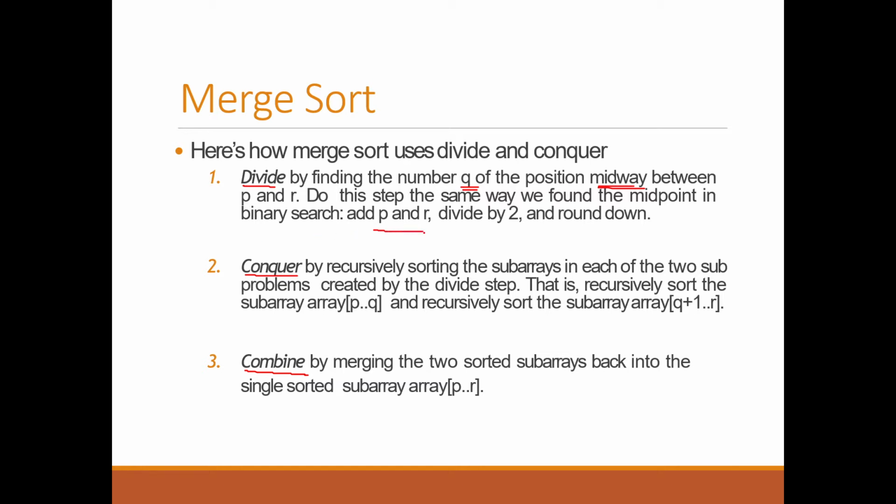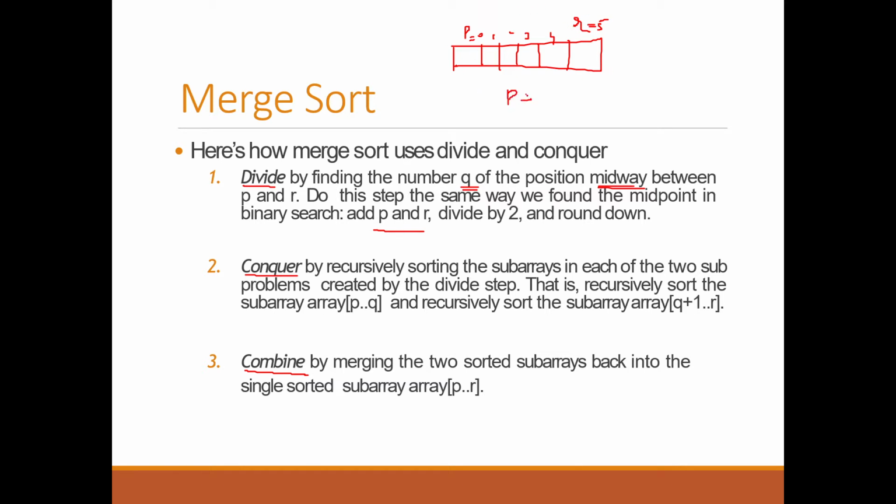So what is done, if we have P and R being the indexes of the array, so for example this is my array and the indexes here range from say 0, 1, 2, 3, 4 and 5. Okay, so what are we expected to do? This P and R are nothing but the indexes of this array.